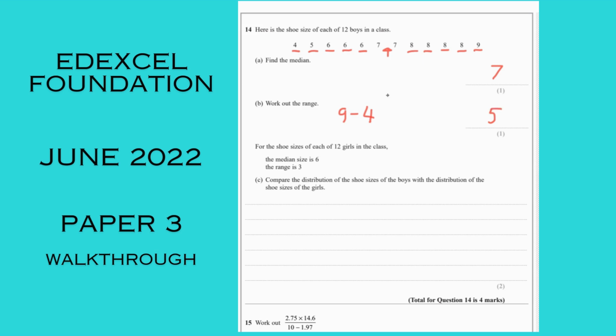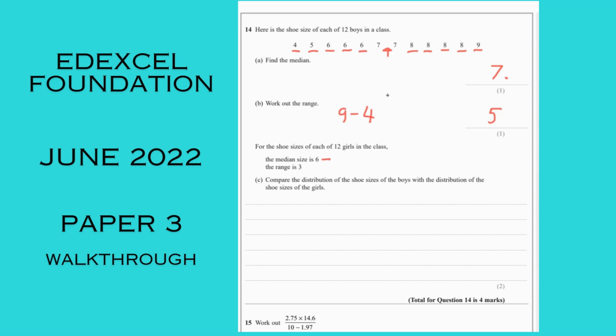For the shoe sizes, so compare the distribution. Now they've given you loads of space, but 2 short, sweet sentences will suffice. Compare the distributions. Well, they've given you 2 different bits of information, so make a statement about each. You've already worked out the median for the boys. You've got the median for the girls.